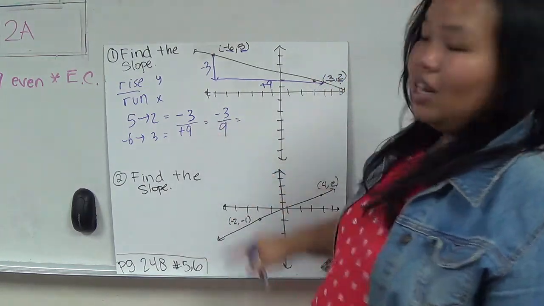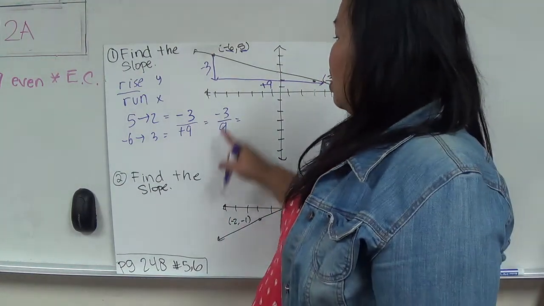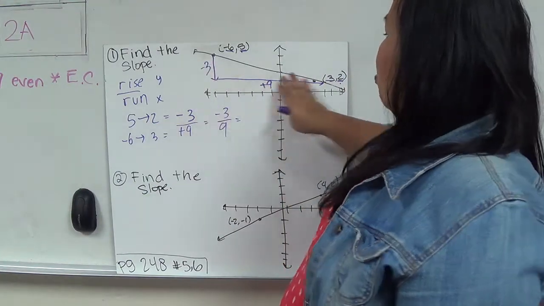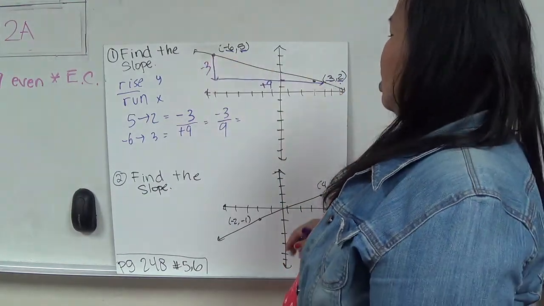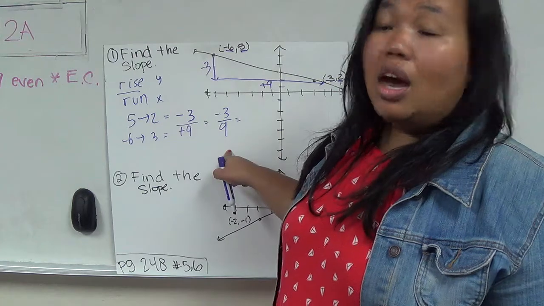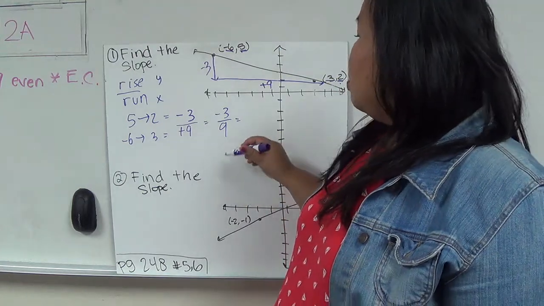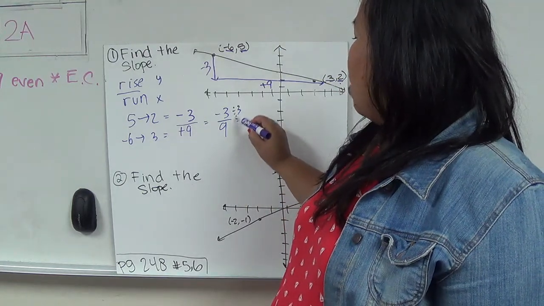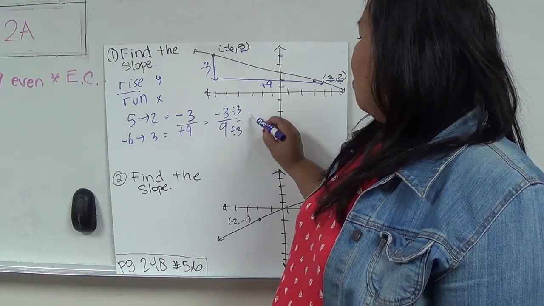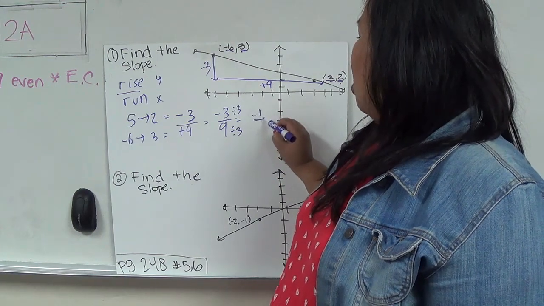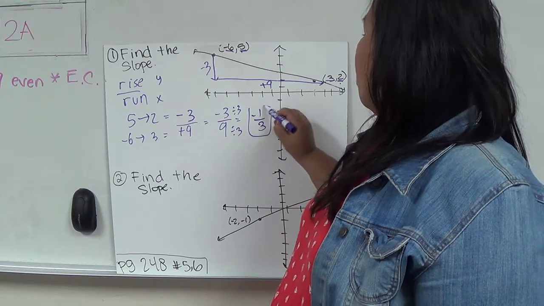Okay? So this is a negative slope, okay? Because as I'm going to the right, the line is decreasing. This can be reduced. I can divide top and bottom by 3, and I end up getting -1 over 3. And that's my slope.